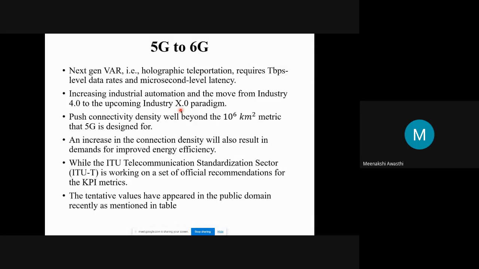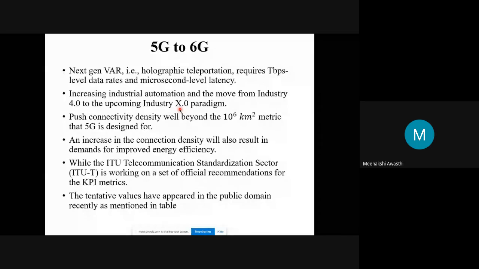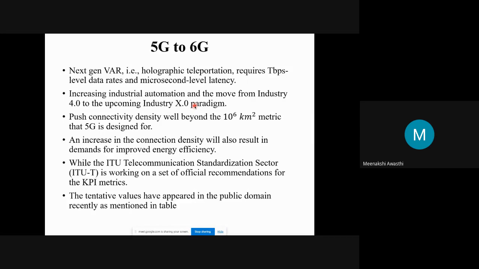So this is also a very emerging area. If you want to start new research, you can start with this Industry 10.0 also. Next is to push connectivity density well beyond 10⁶ per square kilometer, which 5G is designed for.